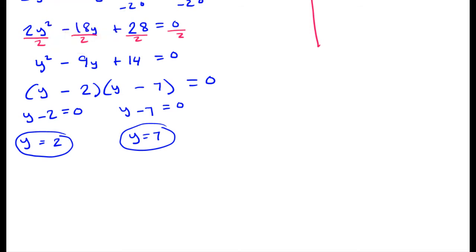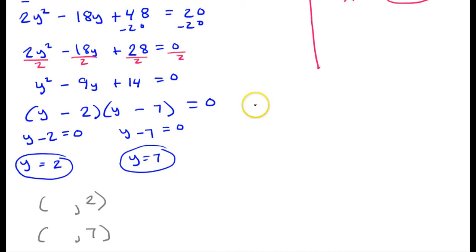As I begin to build my solution set, here's what I have so far. These are y values. So because I have a y value of 2, that means I have something comma 2. See the 7, I have something comma 7. I still need the x values to go with them.